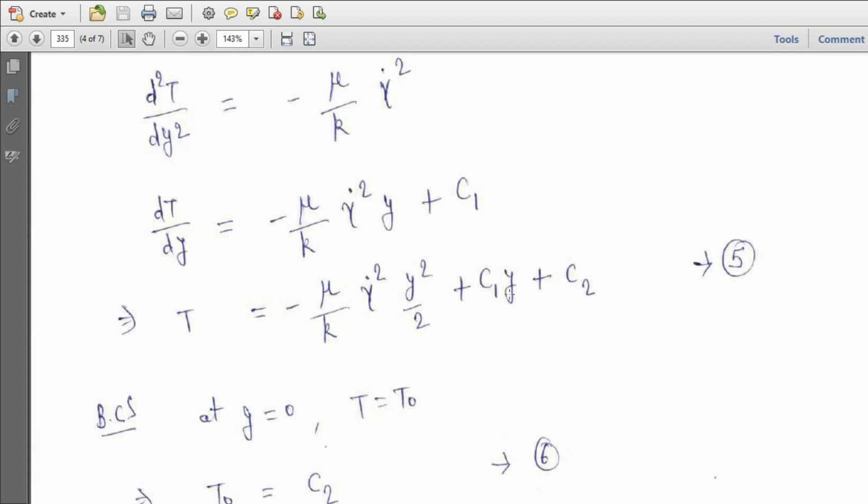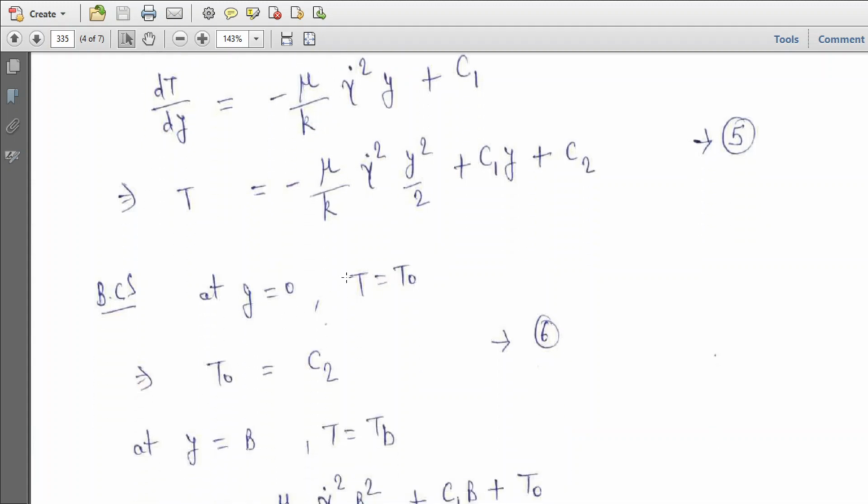Now the boundary conditions are at y equal to 0, T equal to T0, so from here we get C2 equal to T0. At y equal to b, the upper plate, the temperature is Tb actually.